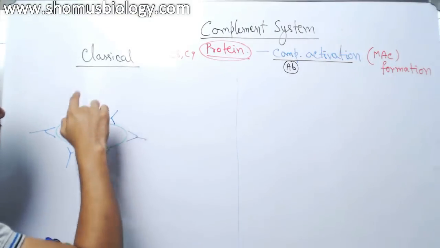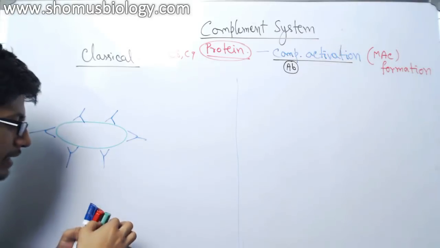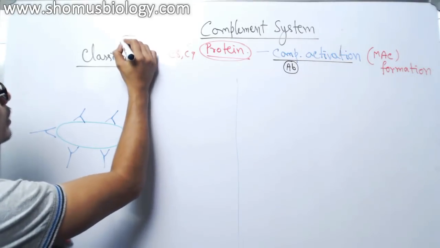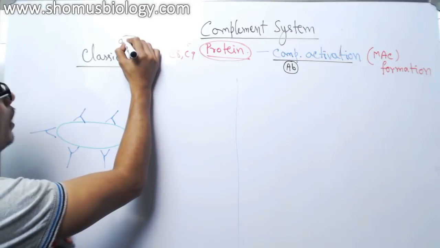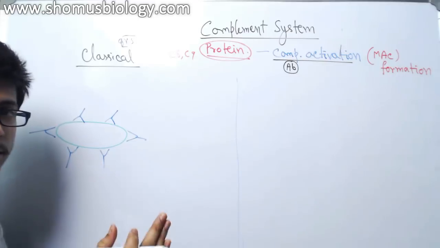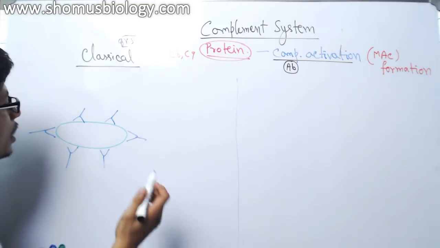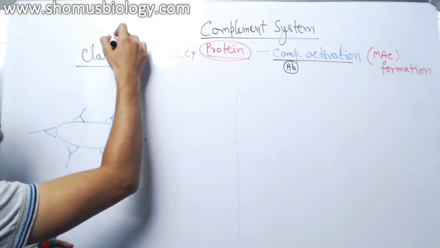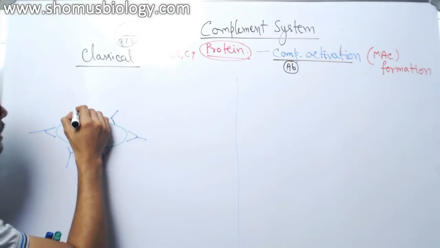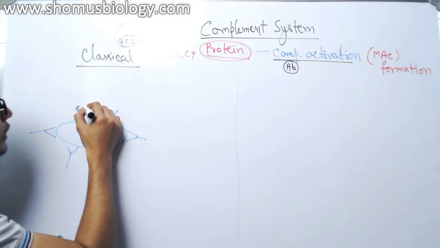So what happens in the classical pathway? The target cell is coated with antibody. Then we have C1. C1 carries three different structural units, Q, R and S: C1Q, 1 unit of Q, 2 units of R and 2 units of S. This C1 is the very first, initiating complement protein, and it binds the Fc region of the antibody.